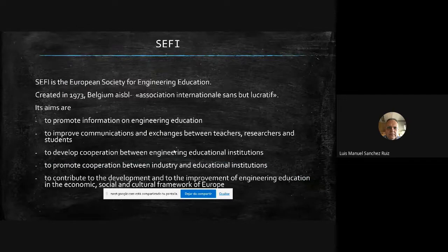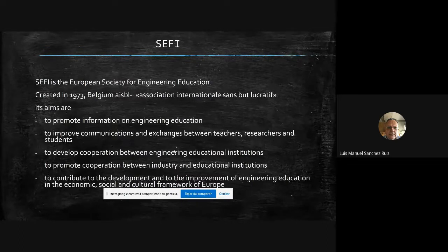Well, CEFI is the European Society for Engineering Education. It was created almost 50 years ago in Belgium. It is a non-governmental organization, and that means that it is maintained and sustained by its members, and its members are us, universities, and individual members, mainly from Europe, but also some people from other parts of the world.